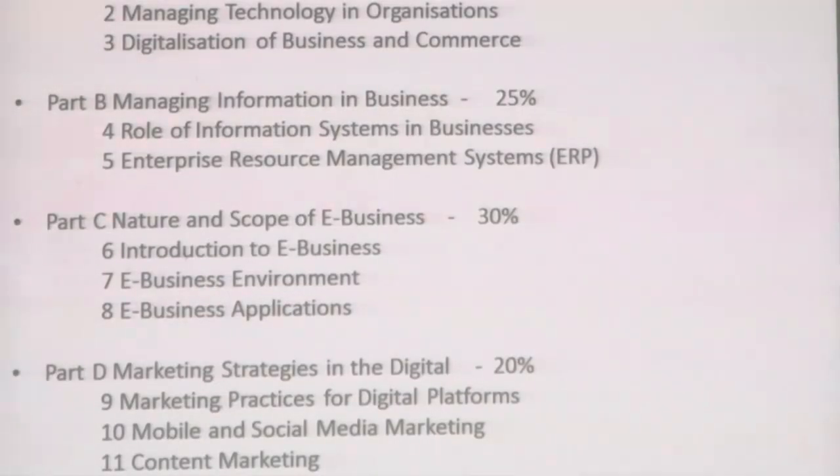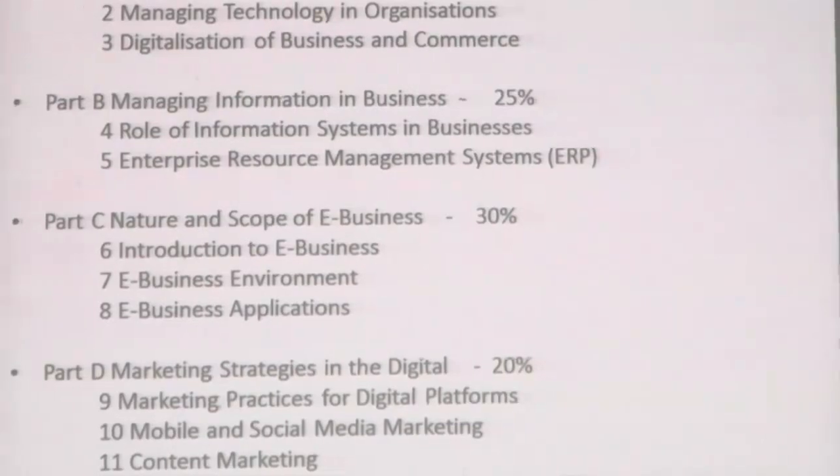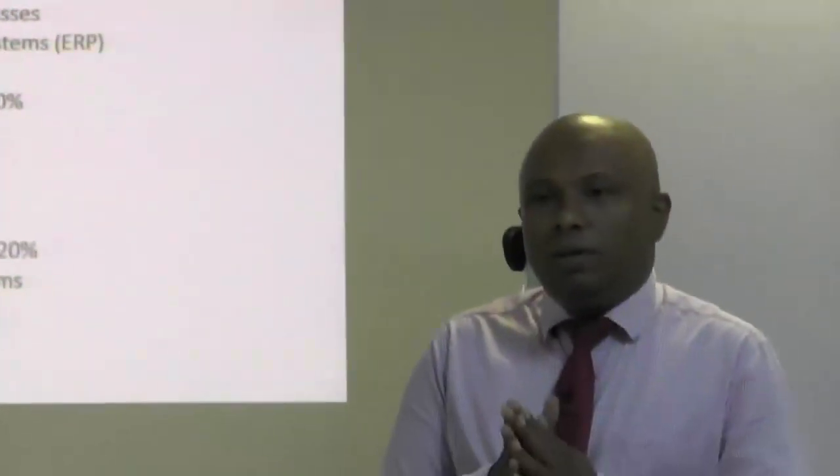But in the MCQ question paper, that will not be asked directly. What they will ask is, let us say, please select the most appropriate, the most suitable feature in e-business. Then you have to select the most appropriate one.